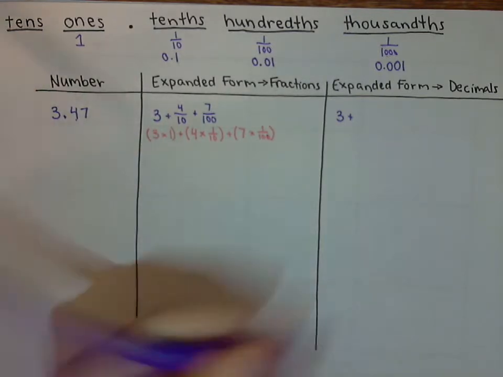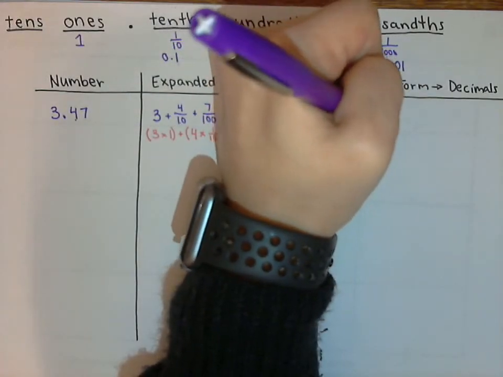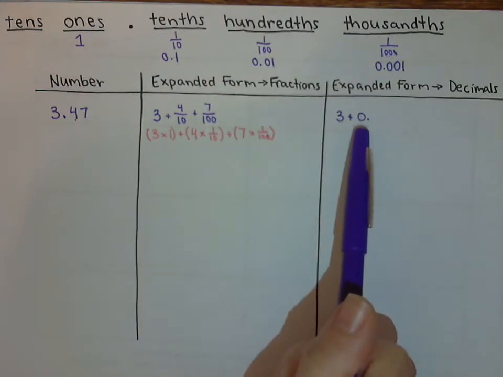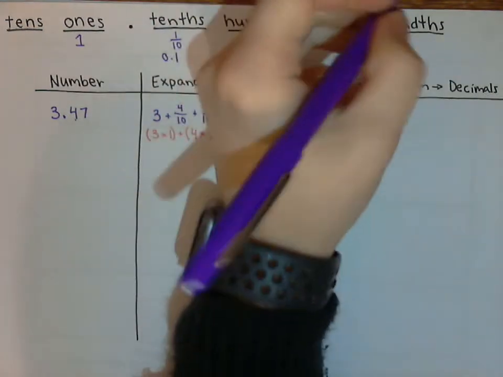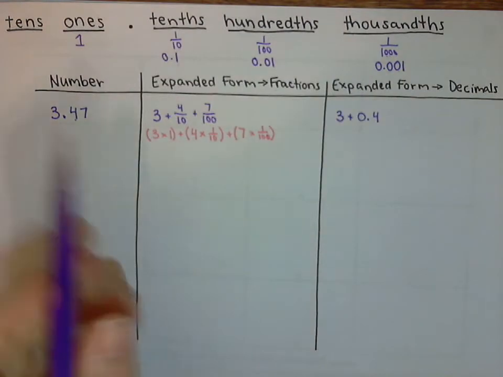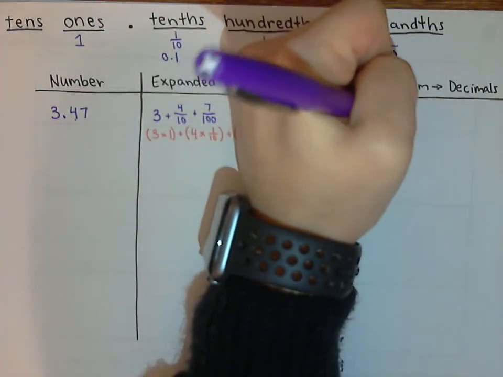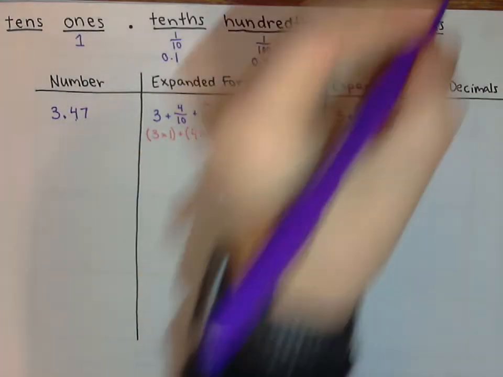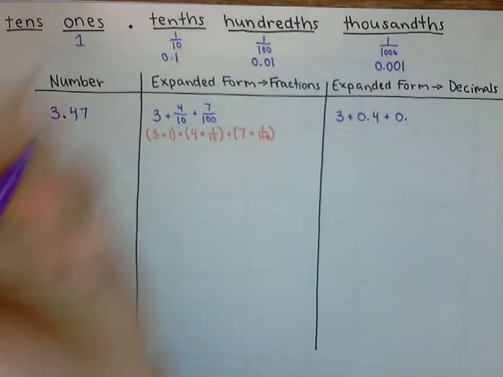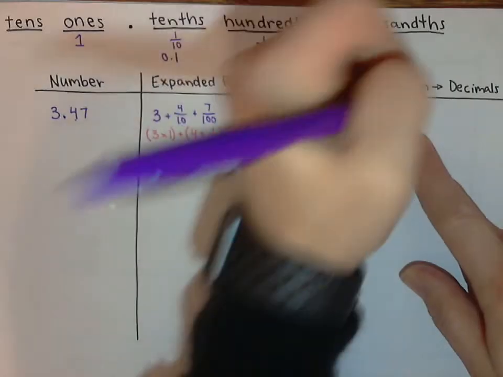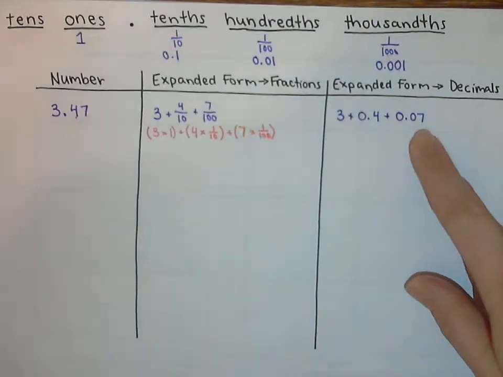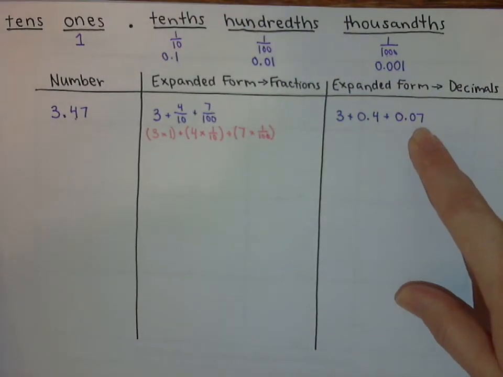And then I have 4/10. Now I do need a placeholder in my ones place. So I have 0.4, 0 and 4/10 plus 7/100. And remember, be very careful when you're writing your place value. It is in the hundredths place.